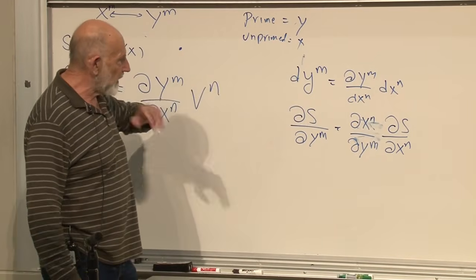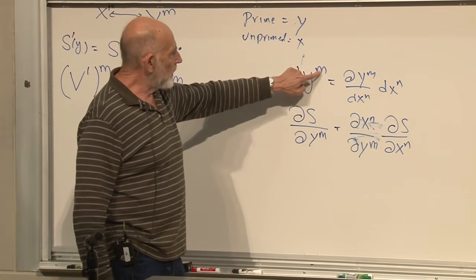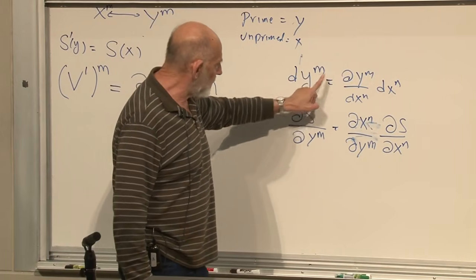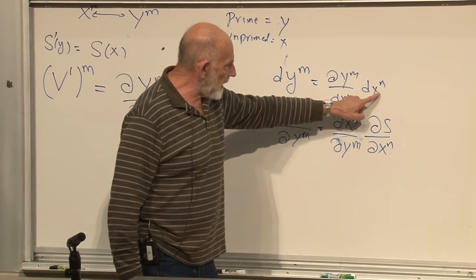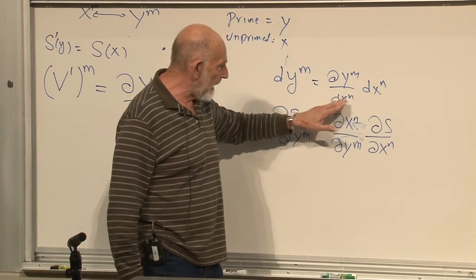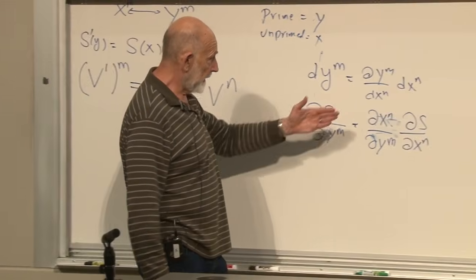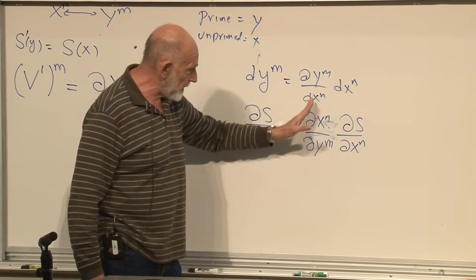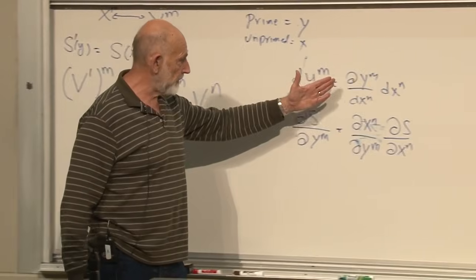Notice how the notation carries you along. On the left-hand side, I have a y with a superindex, upstairs index m. On the right-hand side, I also have a y with a superindex m. But on the right-hand side, I'm going to have a dx^n. Of course I'm going to have a dx^n. A dx^n upstairs has to be balanced by a dx^n downstairs. And you'll get familiar with this. You're allowed to contract indices, one upstairs and one downstairs. And you can see the pattern. You can see the symmetry of this relationship here.